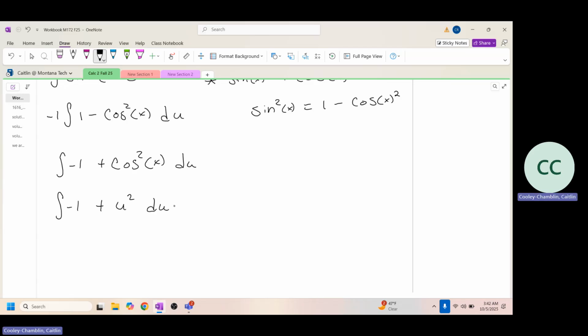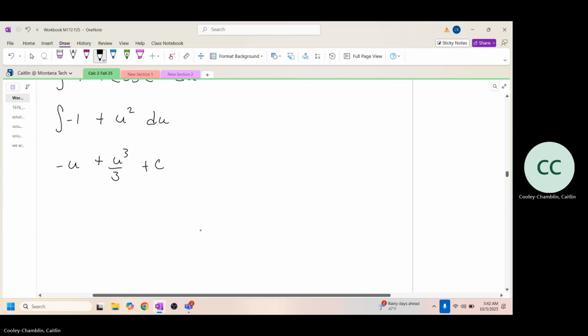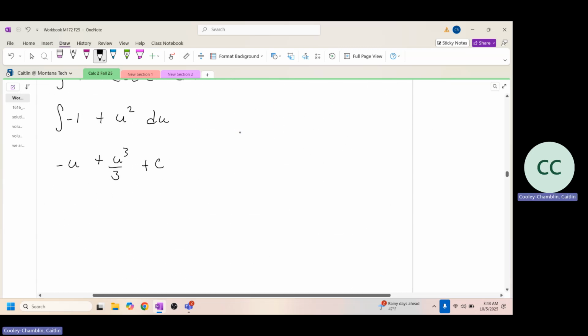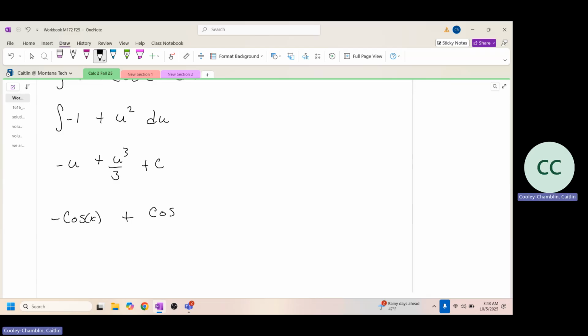Now we can integrate this, so we get negative u plus u cubed over 3 plus c. This allows us to rewrite our u back in, and our u was cosine of x. So I have negative cosine of x plus cosine of x cubed over 3 plus c.